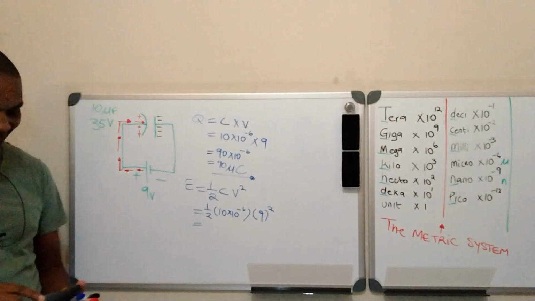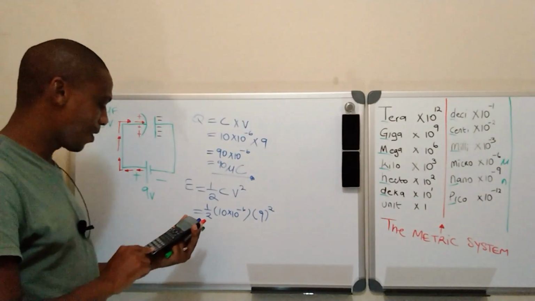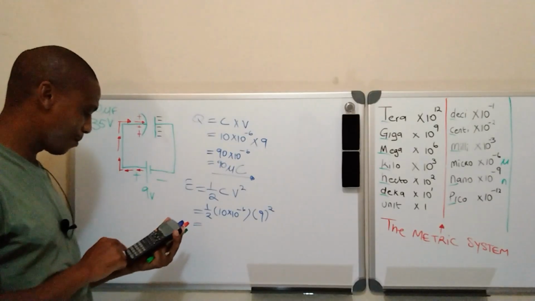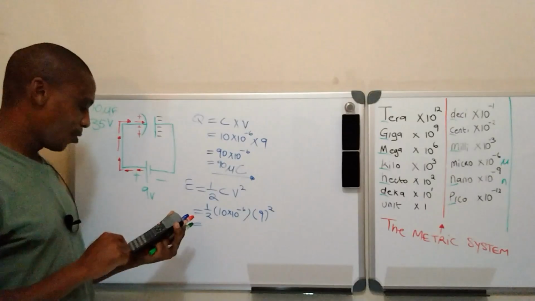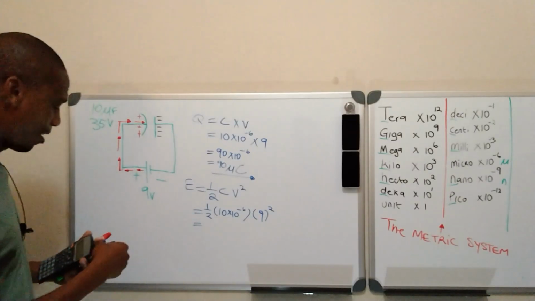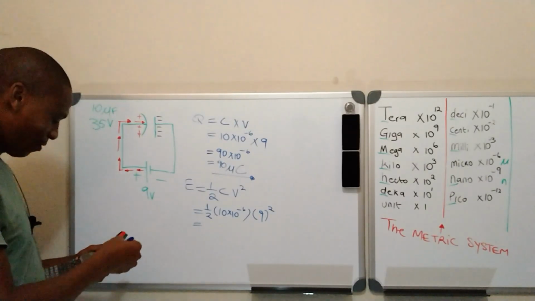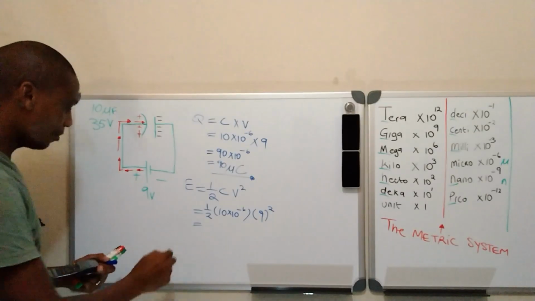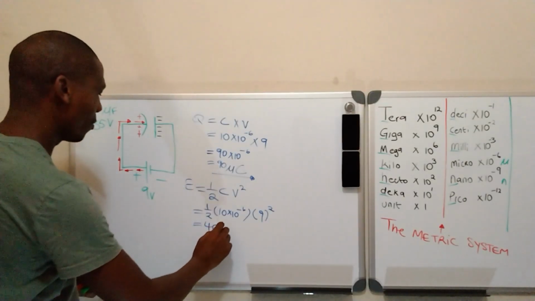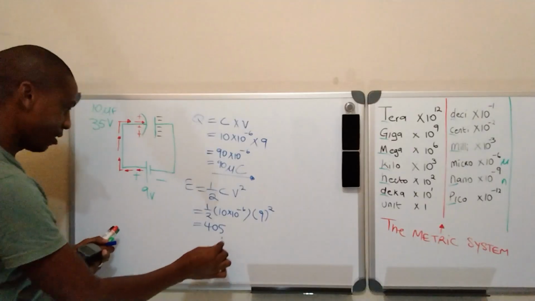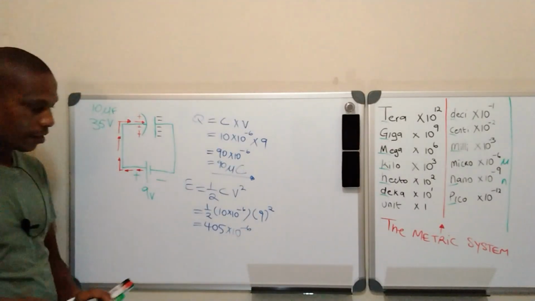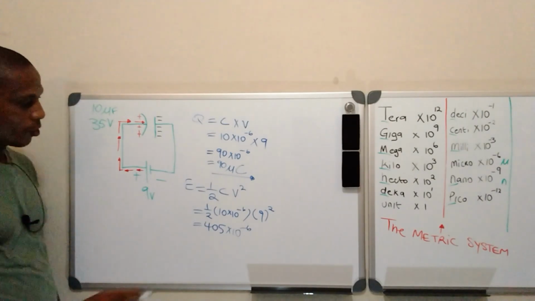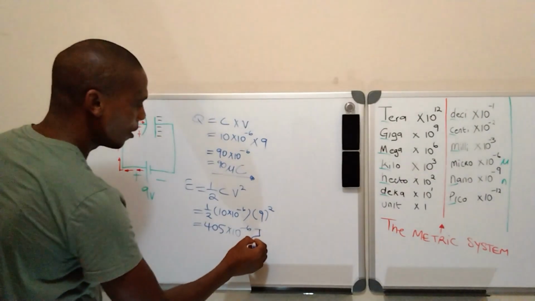You have 9 squared, which is 81, multiplied by 10 to the power -6, divided by 2. It gives us 405 multiplied by 10 to the power -6. The unit for energy is joule.